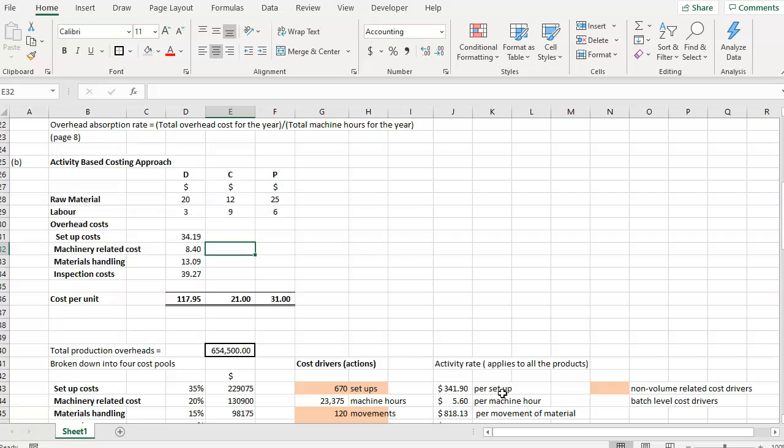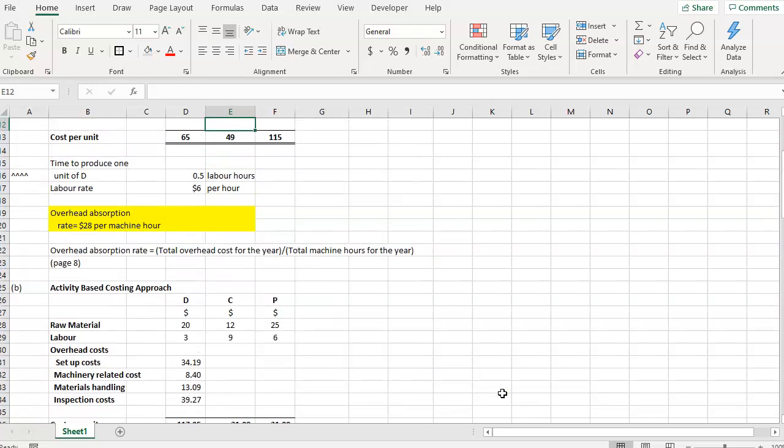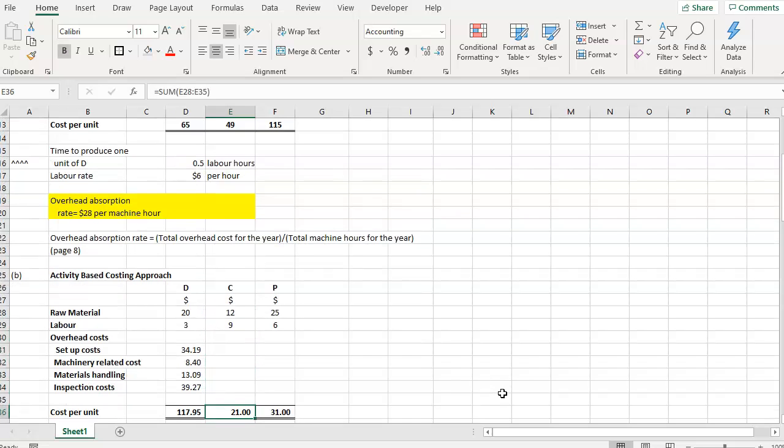So what it means is we end up with a product that is costing $117.95. But wait, when we looked at the traditional, the cost for the product was $65. And I said to you that the difference between the two has to be attributable to the overhead cost.